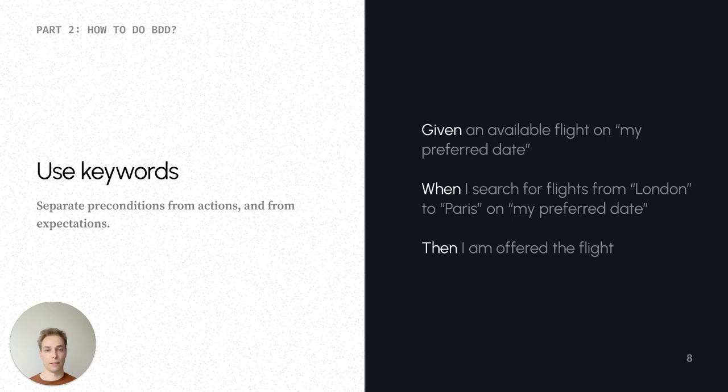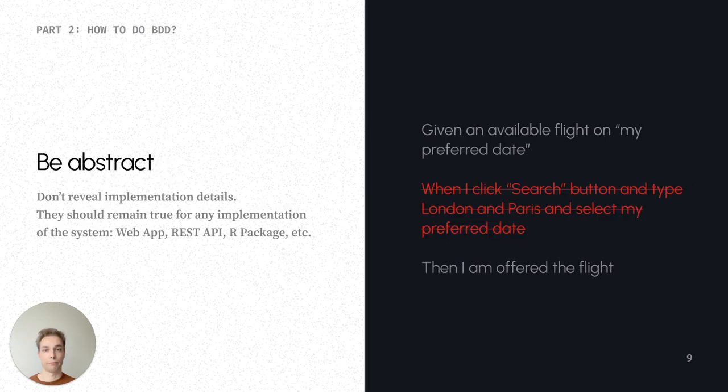We use the then keyword to describe outcomes that can be observed by users. So, for example, for our booking service, this could be: given an available flight on my preferred date, when I search for flights from London to Paris on my preferred date, then I am offered the flight.